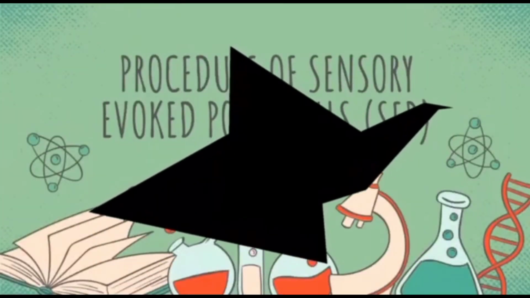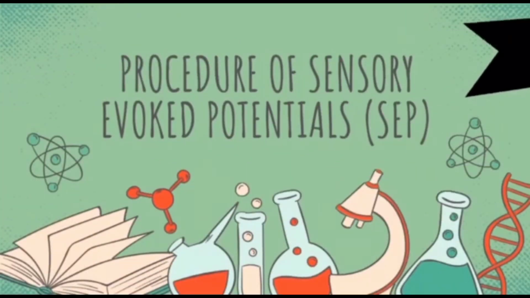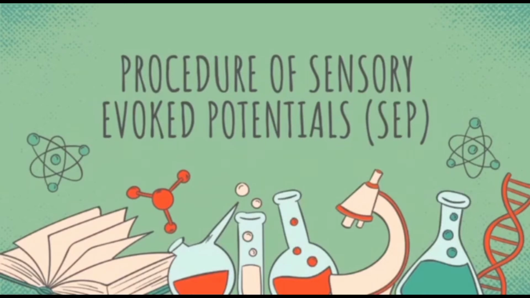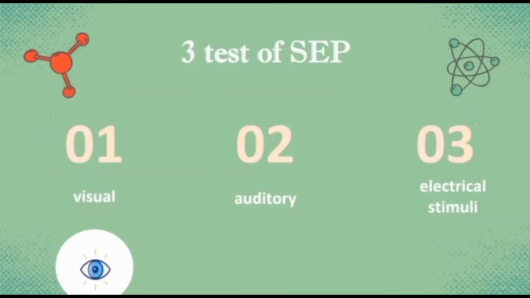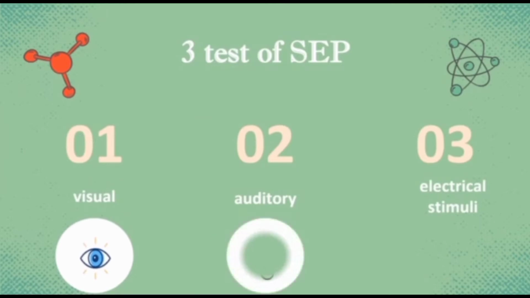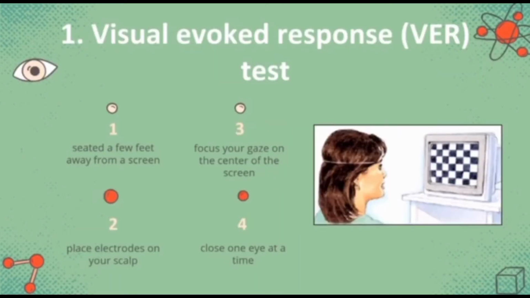My name is Sofia Arisha binti Muhammad Zamri, and I will explain about the procedure of sensory evoked potentials (SEP). SEP involves three tests that measure response to visual, auditory, and electrical stimuli. Procedure of the visual evoked response (VER) test.